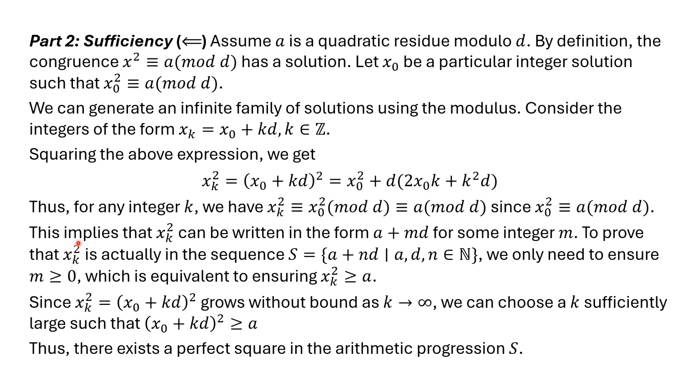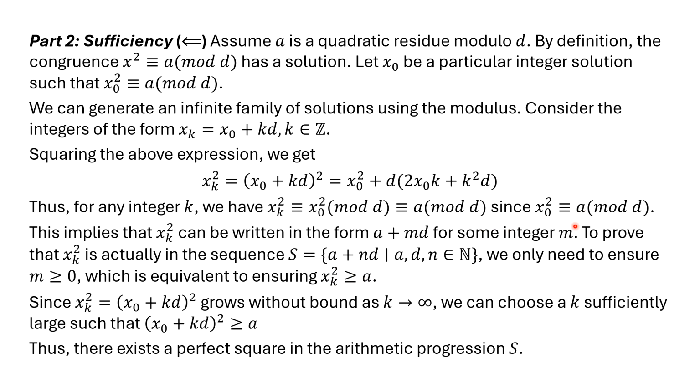So continuing, this implies that x sub k squared can be written in the form a plus md for some integer m. That's just from this and this. We just want to prove that x sub k squared is actually in the sequence, our arithmetic progression. We only need to ensure that this m is greater than or equal to 0, which is equivalent to x sub k squared being greater than or equal to a.